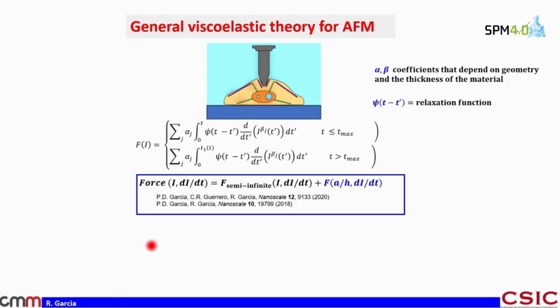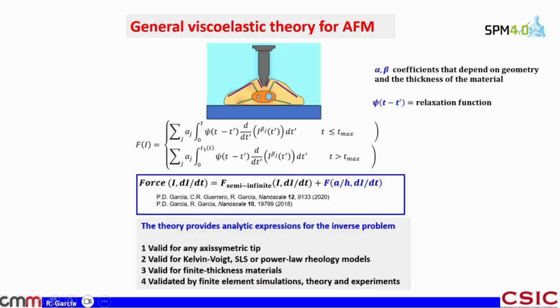We developed this general viscoelasticity theory that I will not explain now, but we developed it for any axisymmetric tip. Of course, these are mathematical expressions. The idea is really to get analytical expressions that are easy to handle.